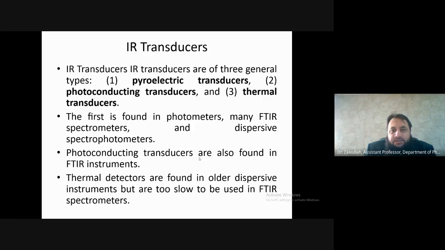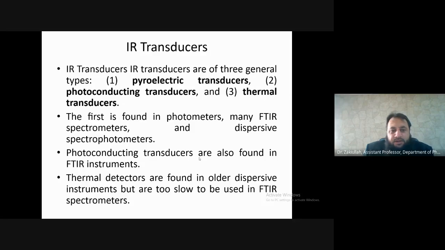The pyroelectric transducers are found in photometers, many FTIR spectrometers, and dispersive spectrophotometers. Photoconducting transducers are also found in the FTIR instruments, and these are one of the most commonly used transducers in the FTIR.